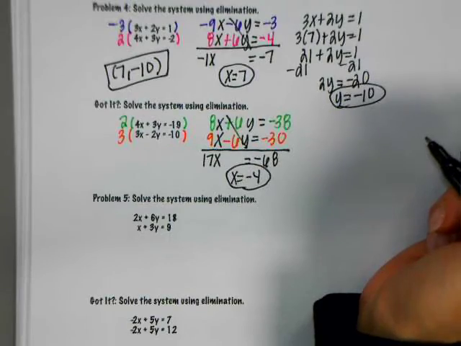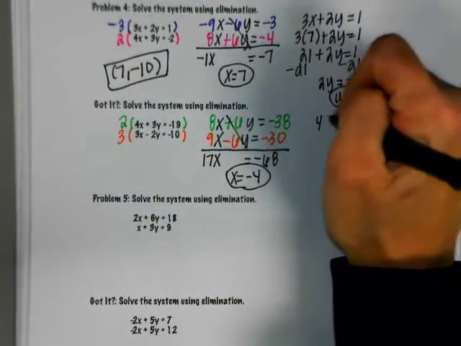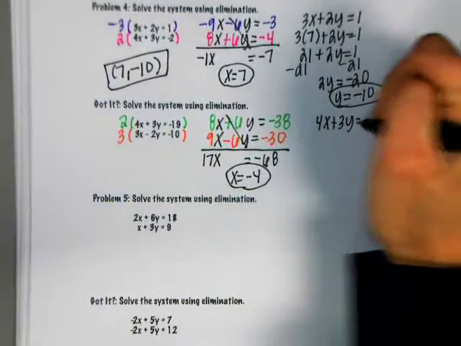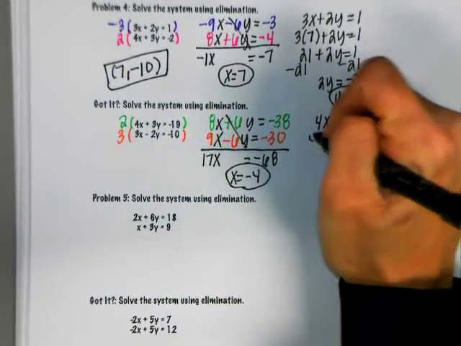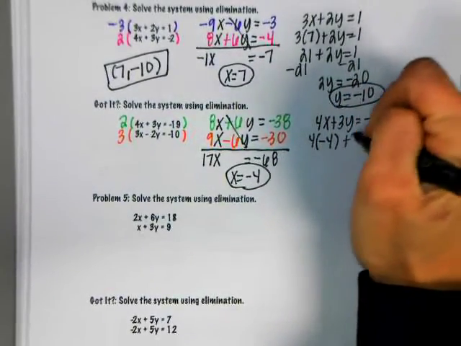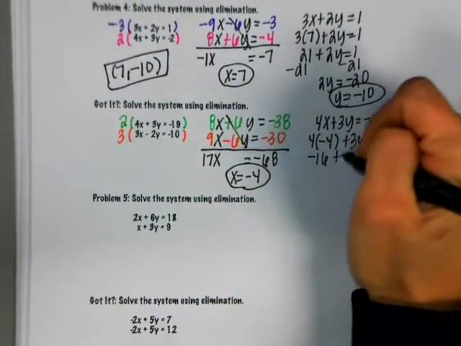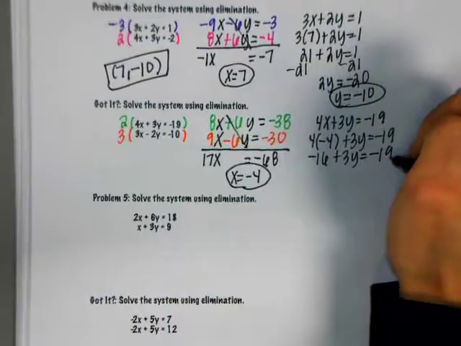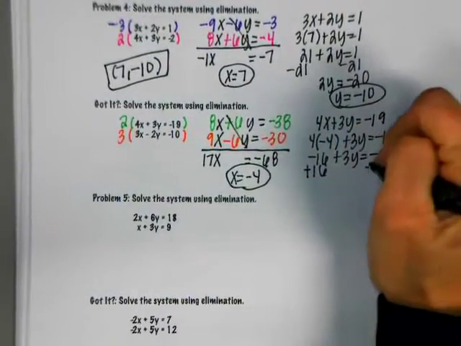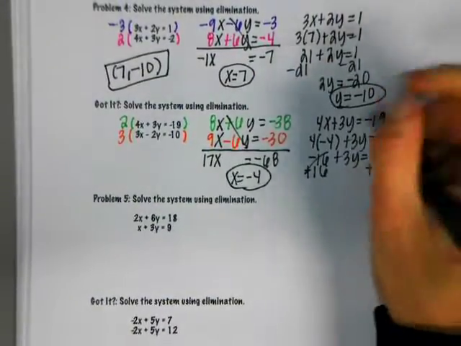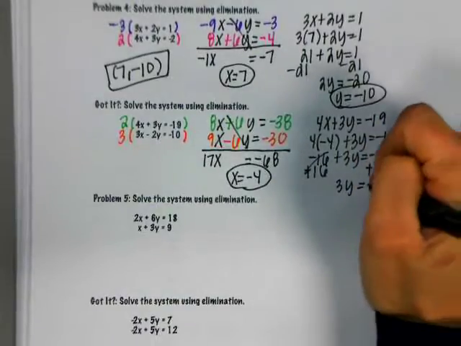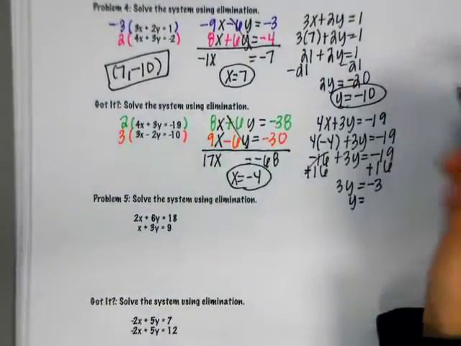I'm going to do the top original one. 4x plus 3y equals negative 19. Plug the x in. So that's negative 16 plus 3y equals negative 19. Add 16. So 3y equals negative 3. So y equals what?